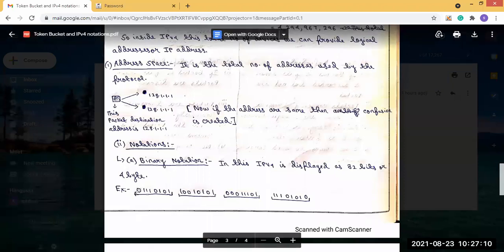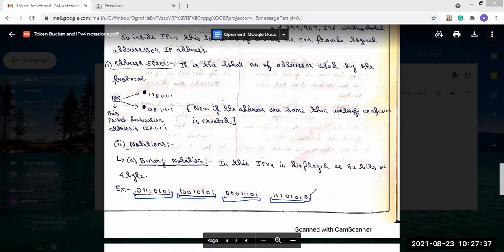Here this is a total of 8 bits, then this is another 8 bits, this is another 8 bits, and this is another 8 bits.